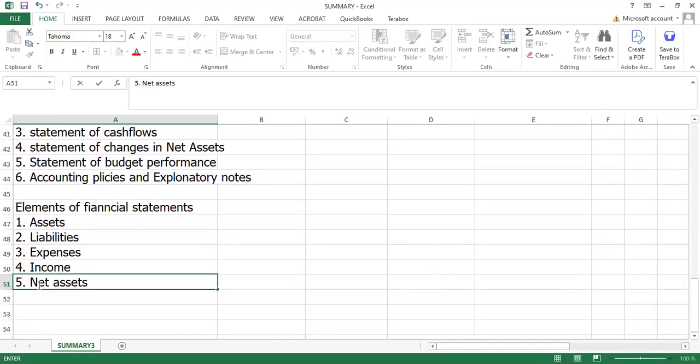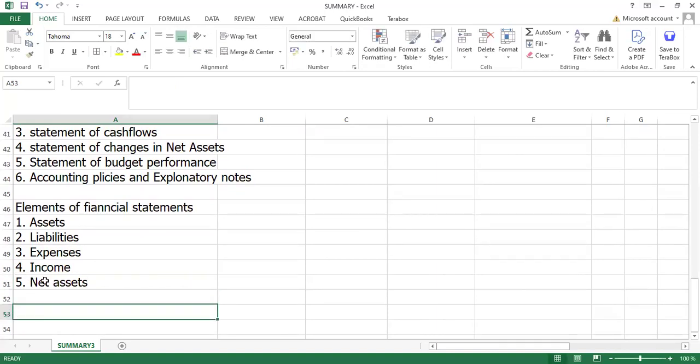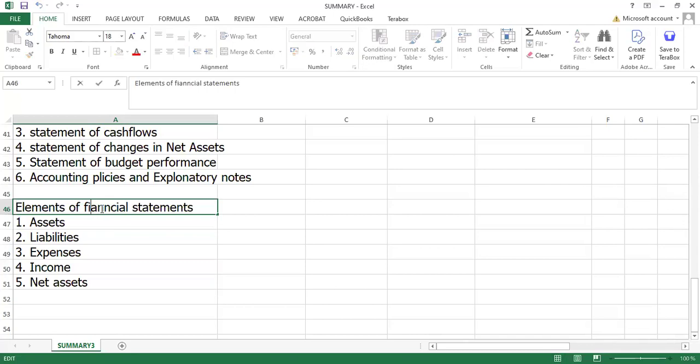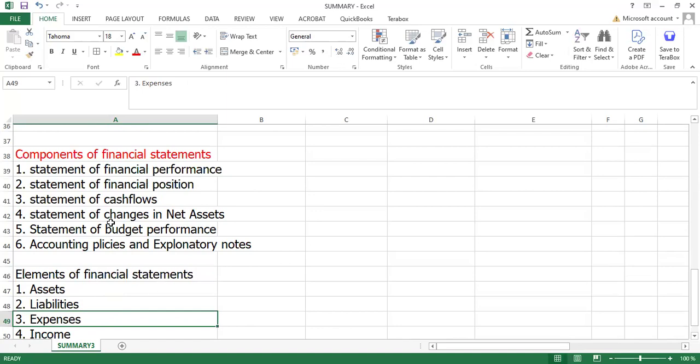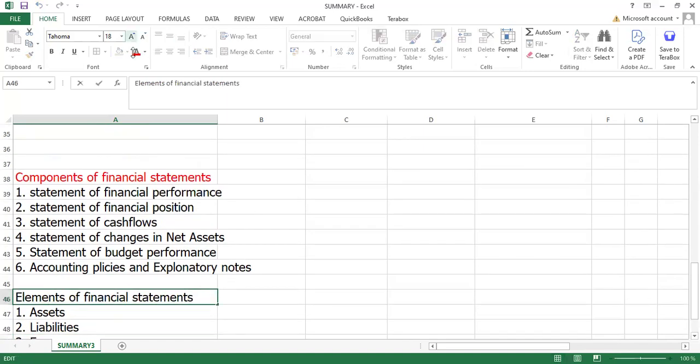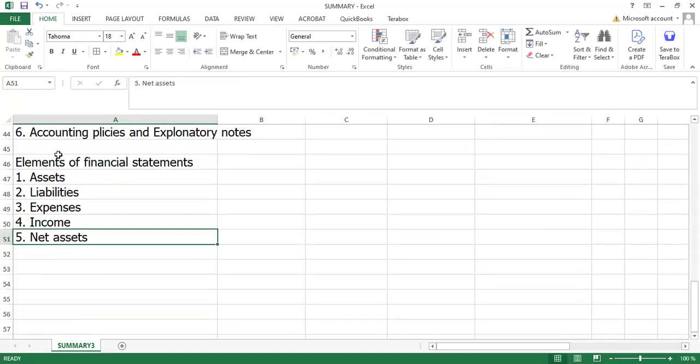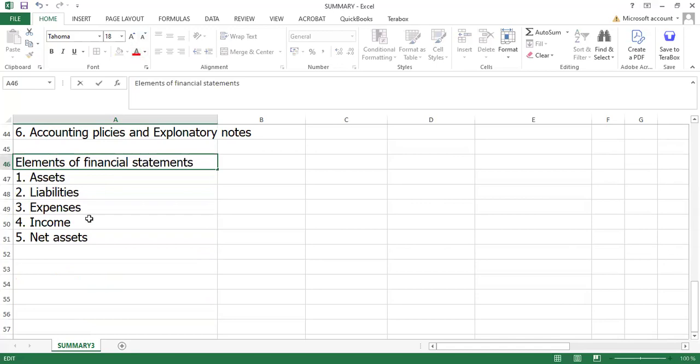So those are some of the elements, but you need to be in a position to explain in an exam what each means. So for us, I really don't want to go into much of this. Let's read the case study.